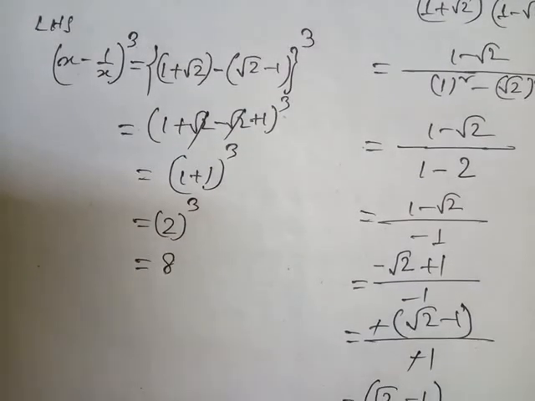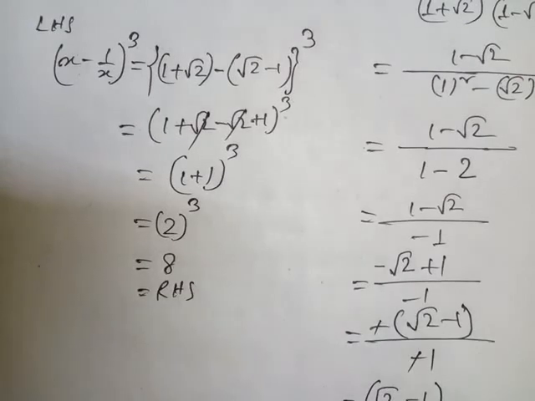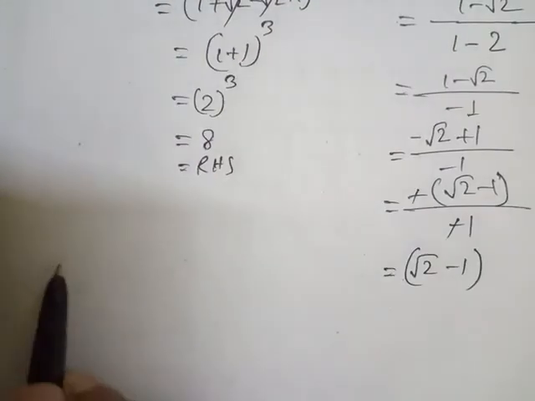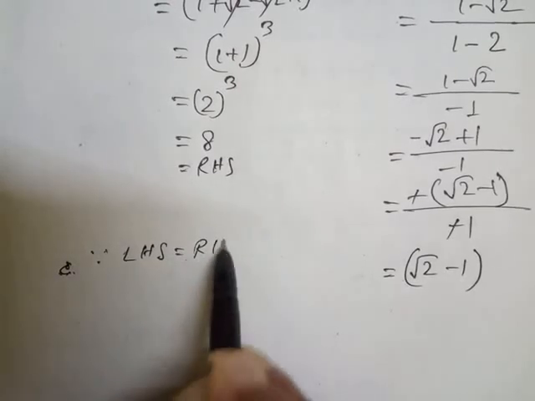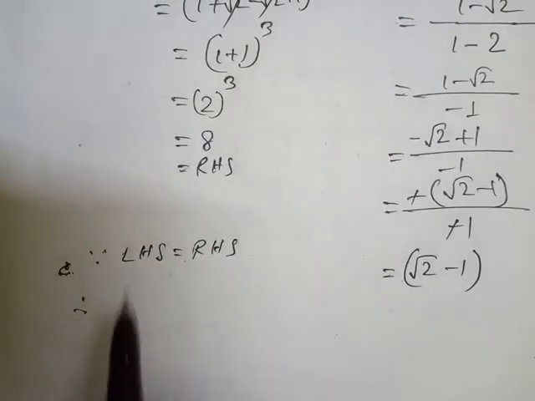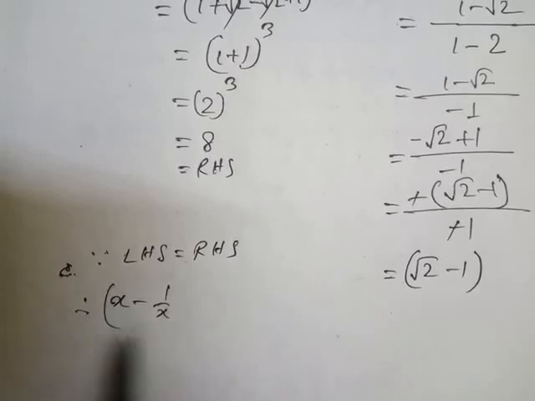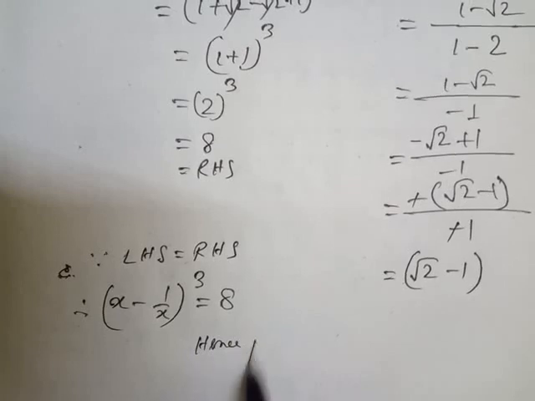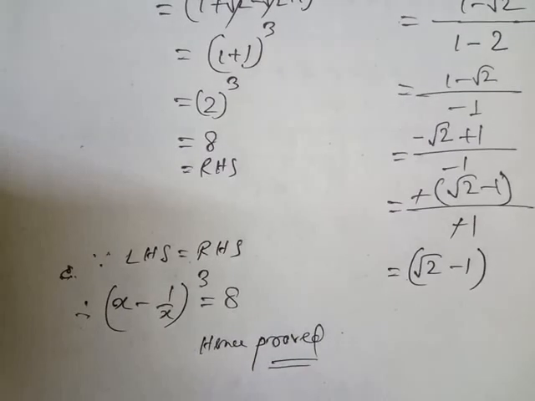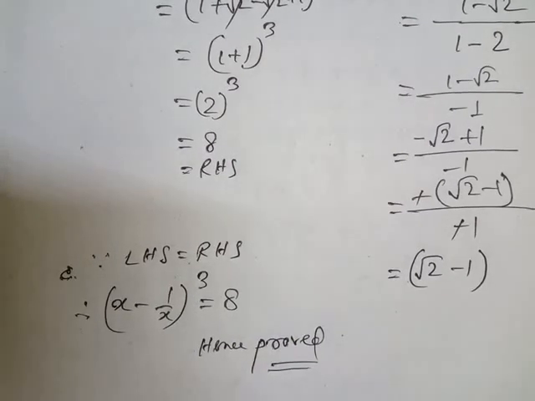This is our RHS. Now last line I will write that since LHS equal to RHS, therefore (x minus 1 by x) whole cube equal to 8, hence proved. This is our question number 6 Roman 1.